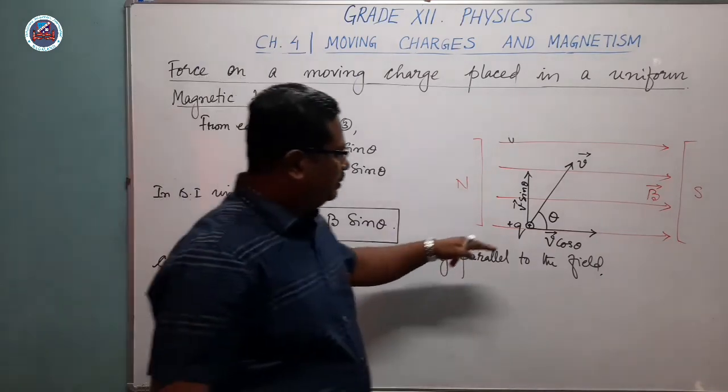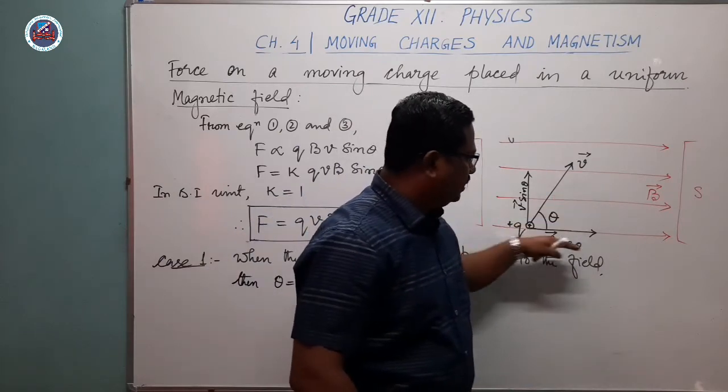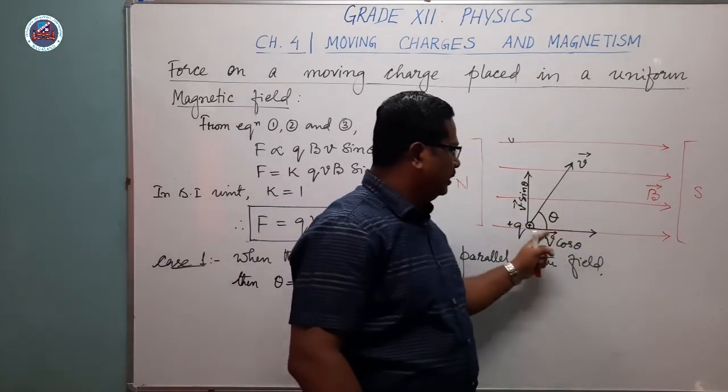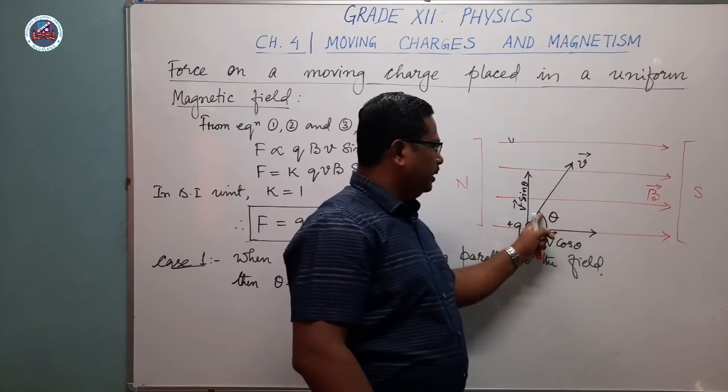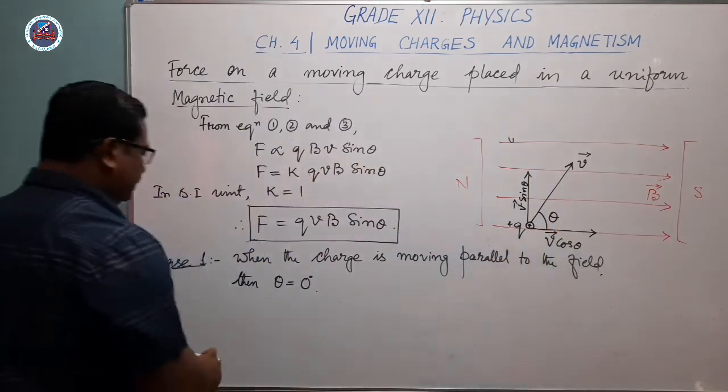The angle between this velocity vector and direction of magnetic field, if it is parallel, then it will become 0 degree.